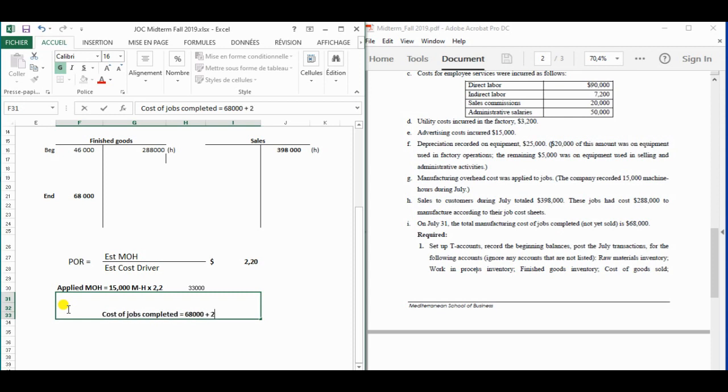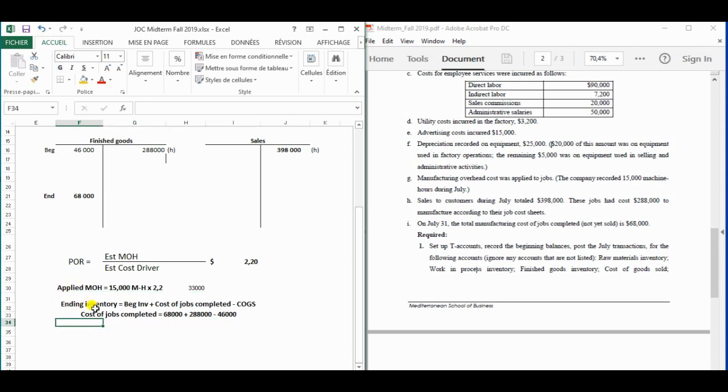plus 288,000 minus 46,000. Why? Because the ending inventory of finished goods is equal to beginning inventory plus cost of jobs completed minus cost of goods sold or jobs sold.